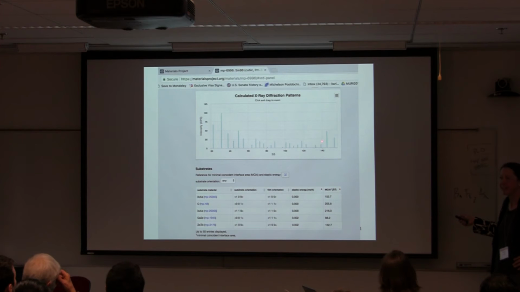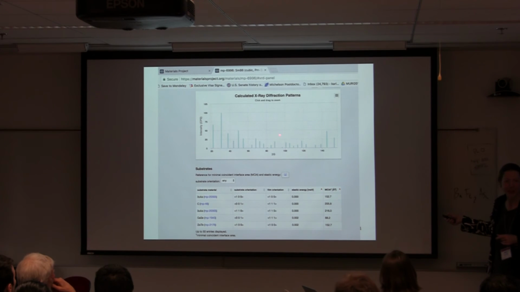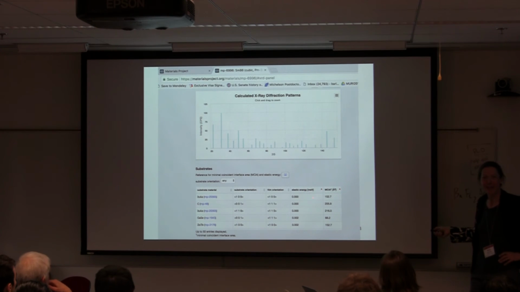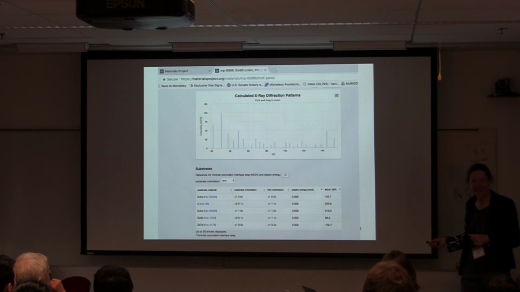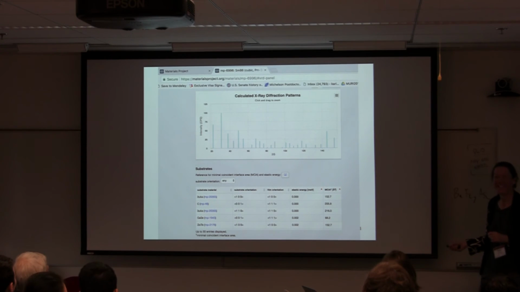They take that computed structure and make a calculated X-ray diffraction pattern, I guess a powder pattern. And also, and I put this in for Daryl, they have some suggested substrates that would match.